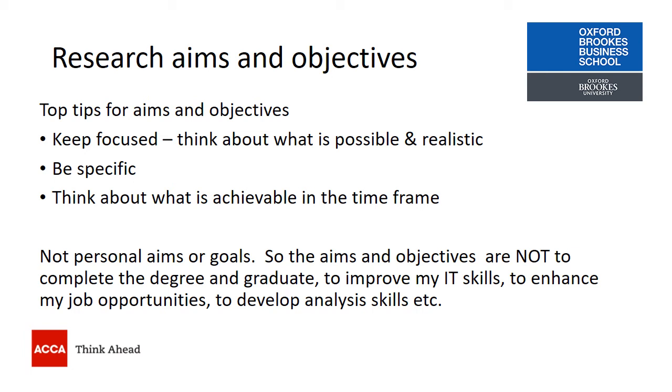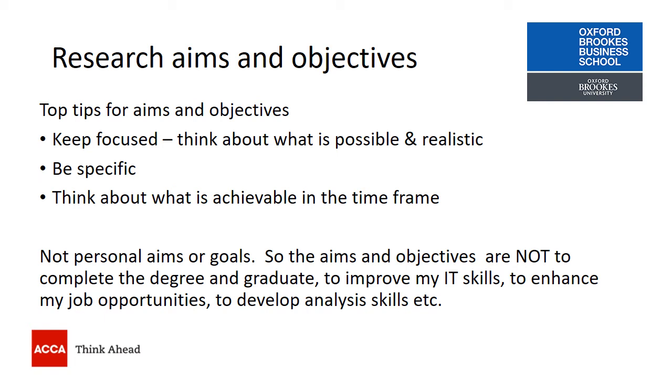In terms of top tips for aims and objectives, keep them focused, think about what's possible and realistic, be specific so that it's very clear what you're going to be doing, and think about what's achievable in the time frame. Just a thought, these are not personal aims or goals.